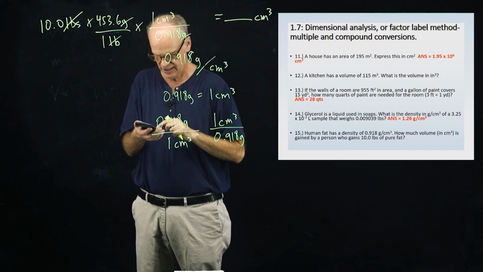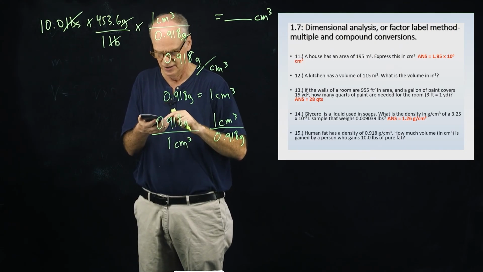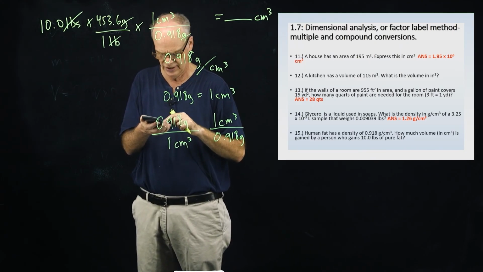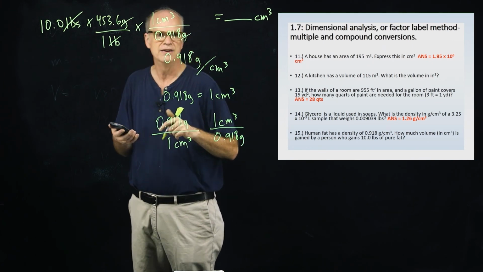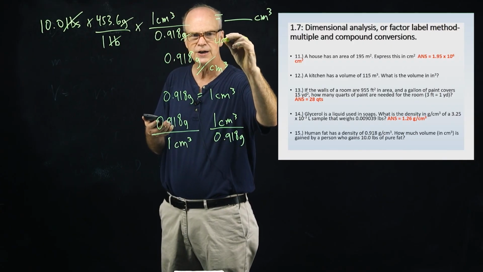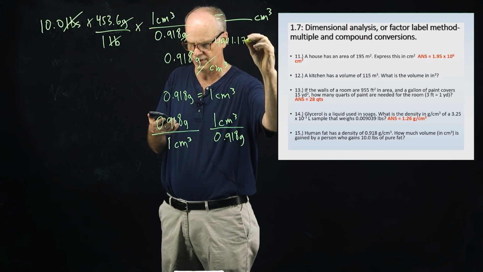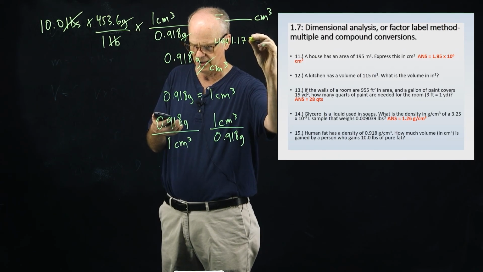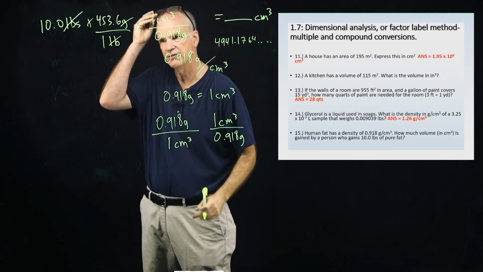Let's see what we get. We get 10 times 453.6 divided by 0.918. The number I get is 4941.1764, et cetera. Obviously you have to round this to the correct number of significant figures.